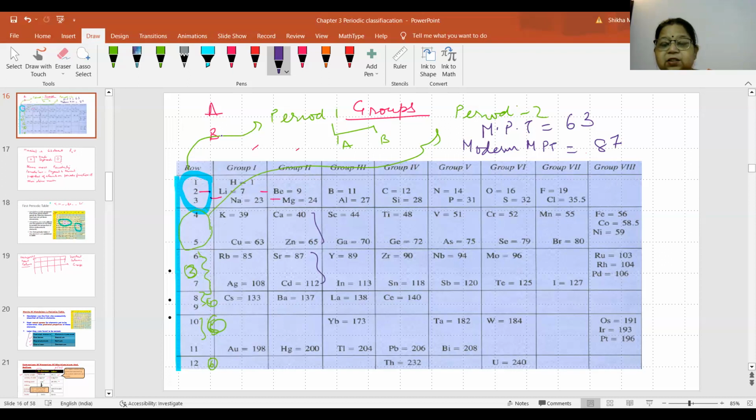Here there are no blanks and nothing is added. That means no element was known at that time, right? Here you can see in group 8, he has placed 3 elements, right? Iron, cobalt, nickel; ruthenium, rhodium, and palladium; osmium, iridium, and platinum.